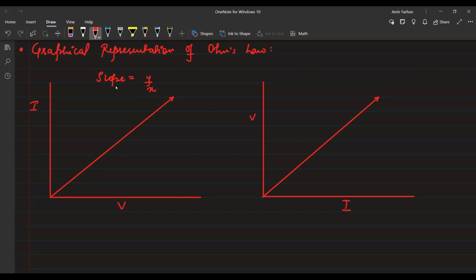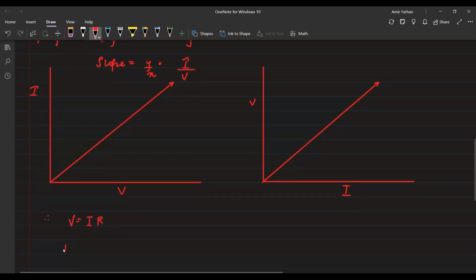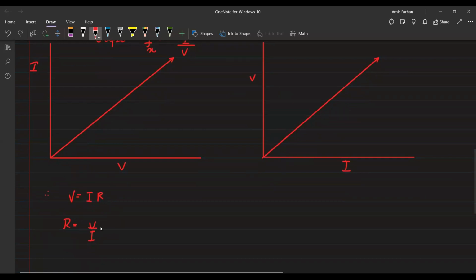In that case, what is on the x-axis? V, volt. What is on the y-axis? I. Very good. So now, taking Ohm's law, V is equal to IR. If R is V by I, just reciprocate them. What will it become?